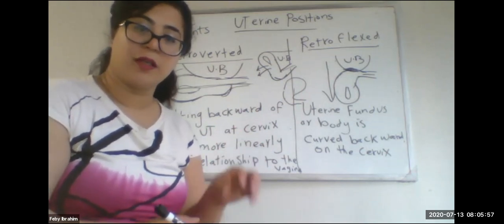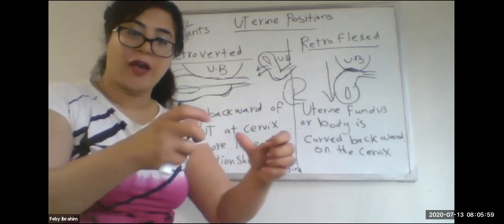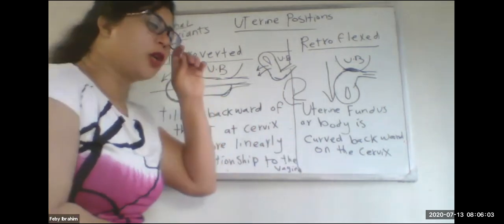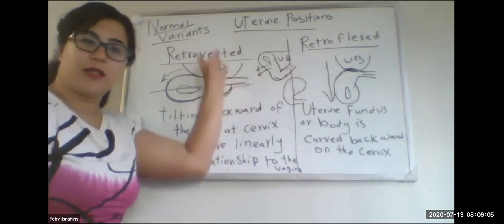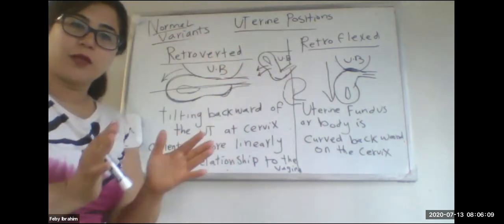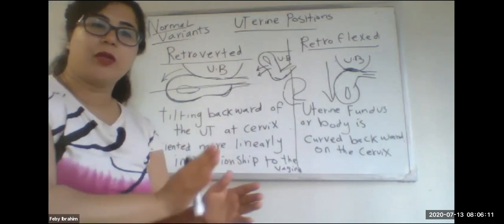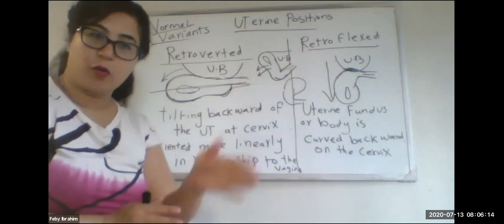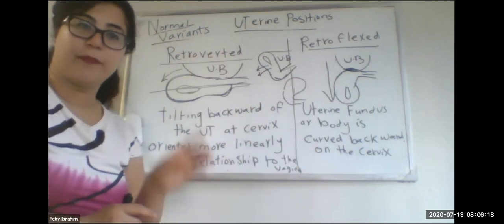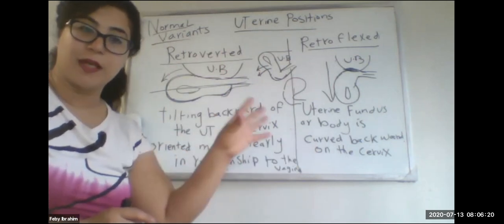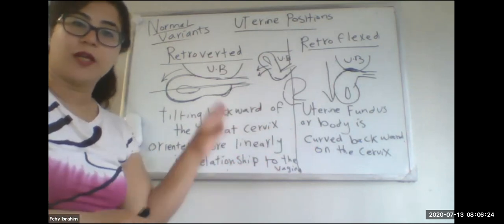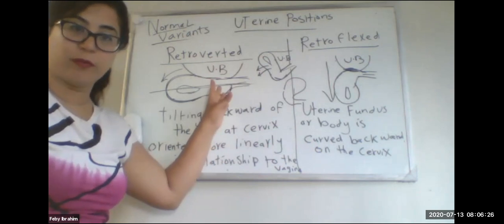It's fixed in position because two ligaments hold the cervix in position. So in these normal variances in uterine positions, the uterus may bend toward the bladder in forward placement or posterior away from the bladder at the level of the isthmus. The isthmus is the movable and most flexible part. The cervix is not movable.